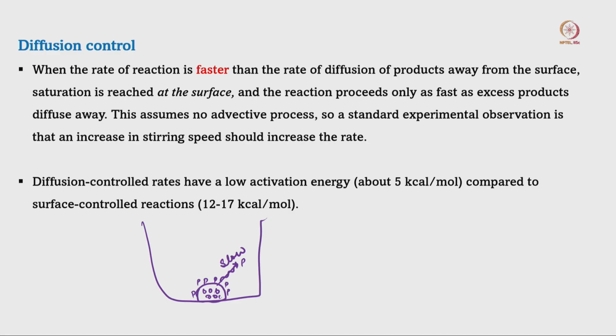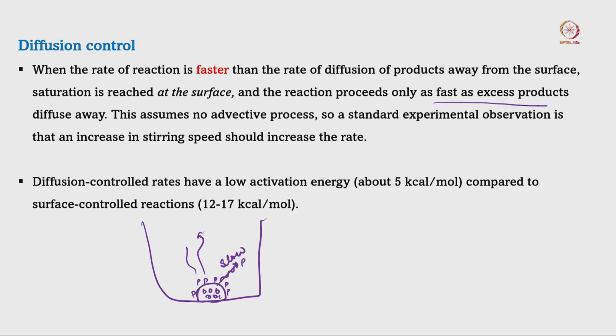So, you find all the products saturating the surface, and the reaction proceeds only as fast as the excess products can diffuse out. So, all these products have to diffuse out.